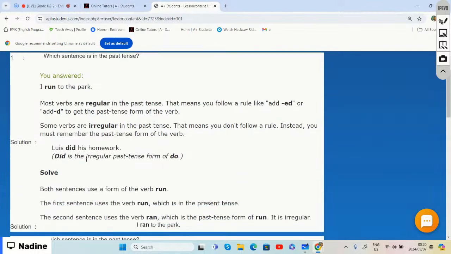And we said most verbs are regular in the past tense, and that means that you follow rules like adding a D or ED. But then we have irregular past tense, which you are busy with now, and they do not follow any rules. You're just going to have to remember the past tense of the verb.